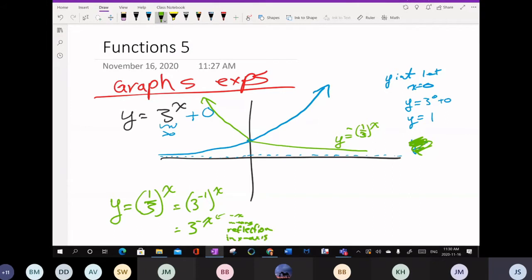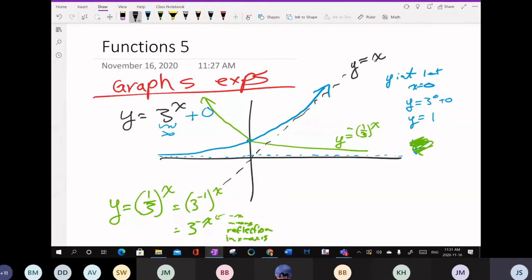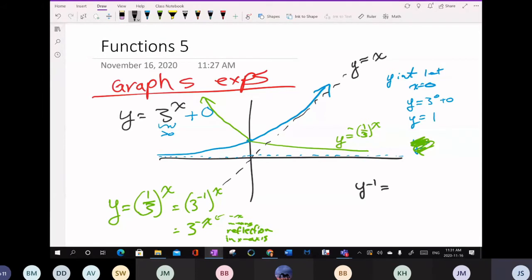Now, one of the things that you guys had some issues with was dealing with the inverse. So let's quickly go over that. The inverse of any function is directly related to the line y is equal to x. If I wanted the inverse of y equals 3 to the x, you would have log base 3 of x.